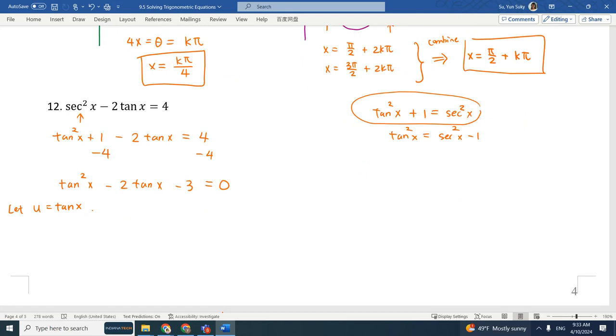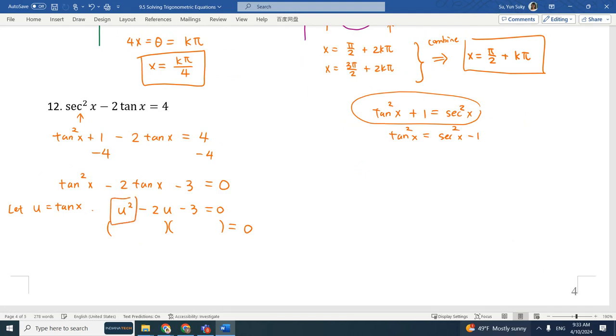So if you let u be tangent x, the problem becomes u squared minus 2u minus 3. You use a u substitution and you can make the problem look easier. It's a quadratic type equation. Two methods: either factoring or the quadratic formula.